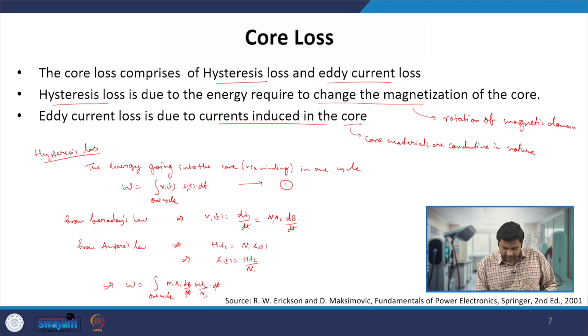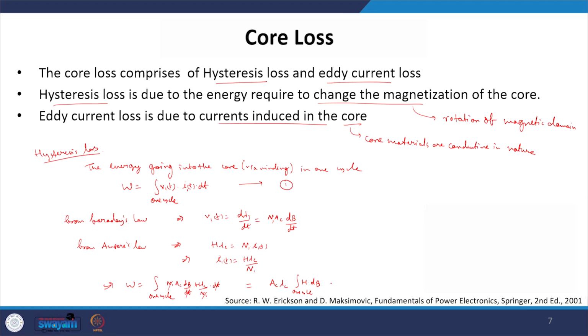So the dt gets cancelled, N1 gets cancelled, and finally Ac Lc comes out, and in one cycle we have the integral of H dB. Now this is the energy lost in one cycle.